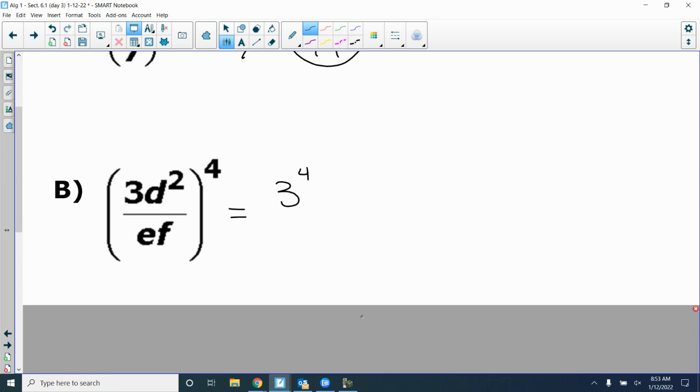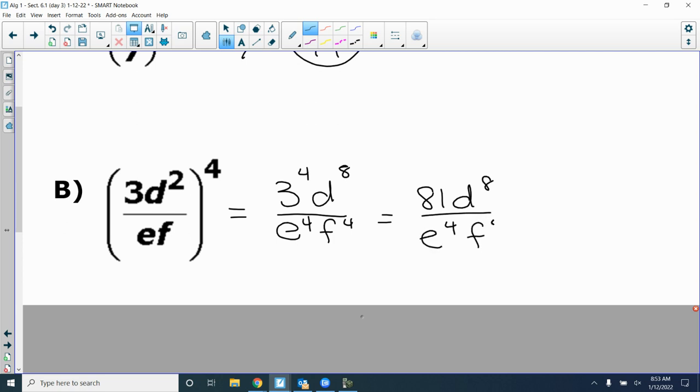That becomes what? d to the 8, because we multiply the 2 and the 4. And now what do we have on the bottom? e to the fourth power. Did we leave that as our final answer? No. What did we write as our final answer? 81 and then d to the 8 over e to the fourth. Okay, that would be correct.